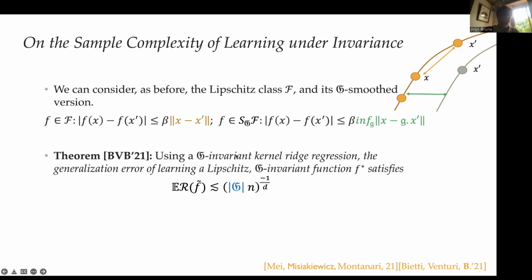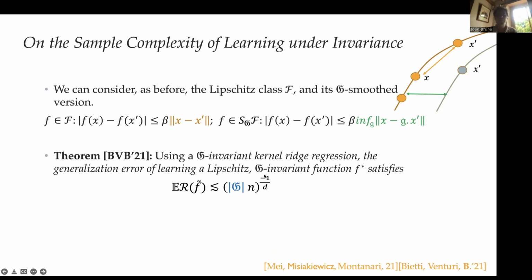Here's a result that we worked on with a couple of collaborators from my group: if we learn with the optimum machine learning model for learning Lipschitz functions, which is kernel methods, and we use a kernel that is invariant with respect to the action of G, indeed we can do better than if we don't use the group invariance. This is the generalization, the test error of our learning.